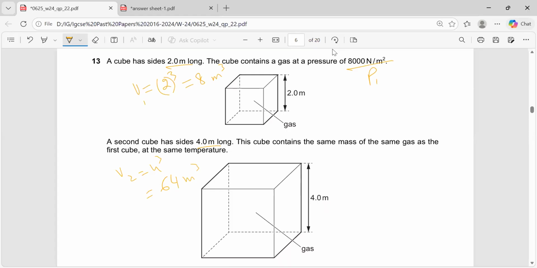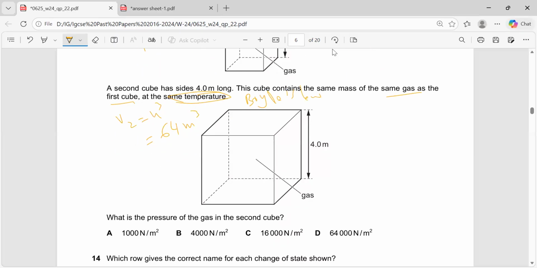The cube contains the same mass of the same gas at the same temperature. When it is the same temperature, it means Boyle's law will be in action. So what is the pressure of the gas in the second cube? P2 we need to find. So my dear friends, P1 V1 is equal to P2 V2. Two values of volume we can calculate, one value of pressure is given, so easily we can calculate the second value of the pressure.